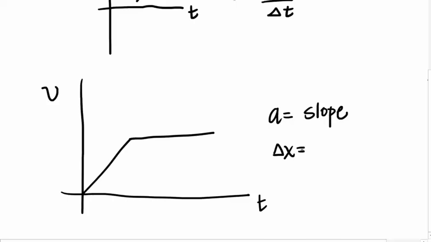How would you find the change in position? Do you remember? The area under the curve. That's right. And if you were going to do the area under the curve, you would do the area of the triangle plus the area of the rectangle. So a lot of times the slope means something and the area means something.